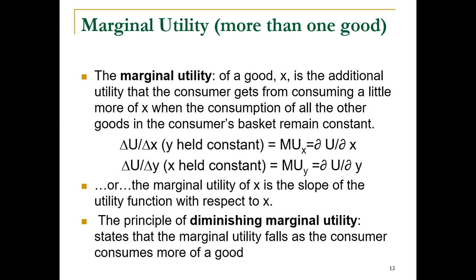Let's say you're eating shima. The first lump is going to be sweeter, nicer, because you're hungry. The second lump, the third lump, the fourth lump, you even stop eating. So in short, the increase in utility keeps on reducing as you increase the consumption of this particular commodity.